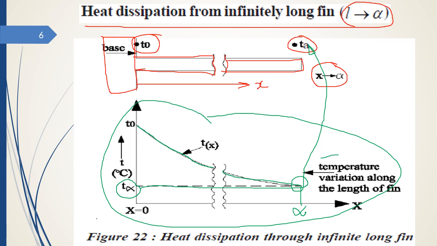So you can see the graph of temperature variation along the length of the fin. I hope this is very clear to you. We are starting from x equals 0 to x equals infinite.